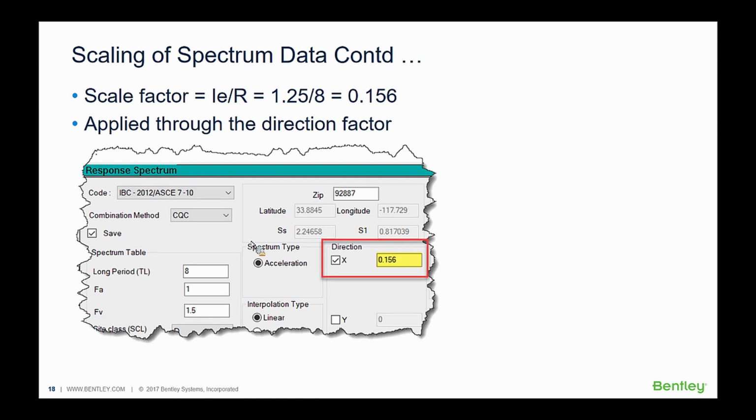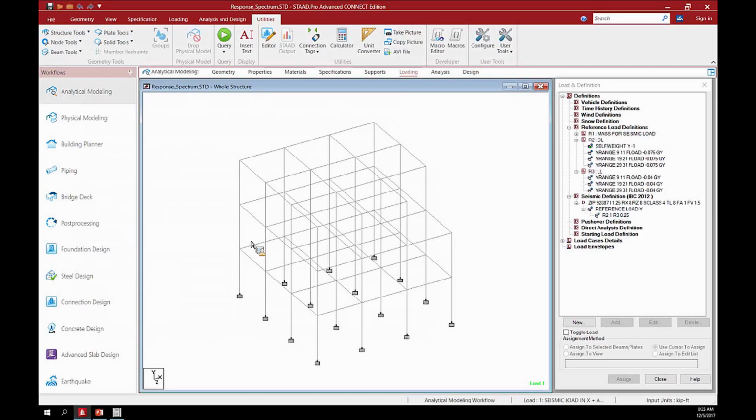So the factor comes out to be 0.156, and it's applied through the direction factor. Let's now go back to the model and see how these things are defined.